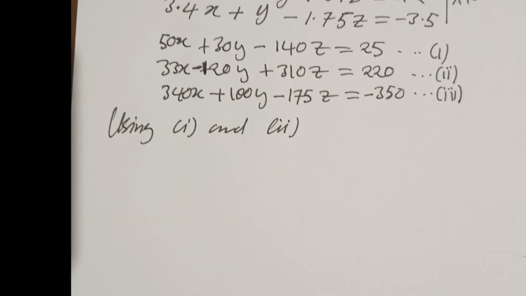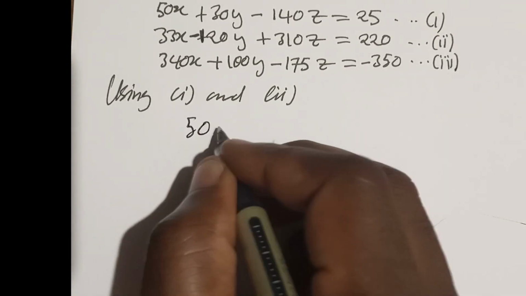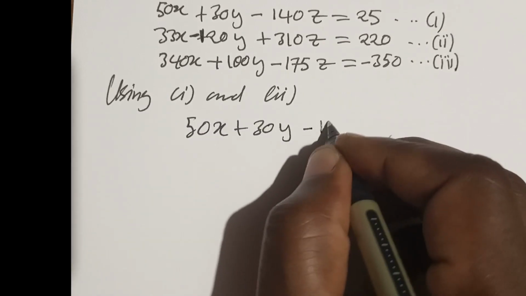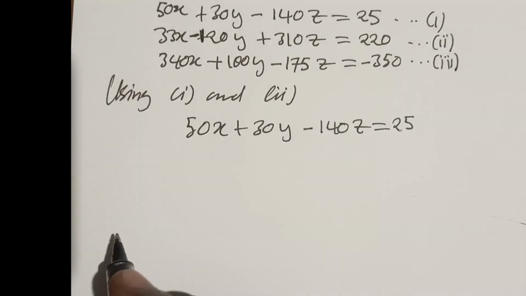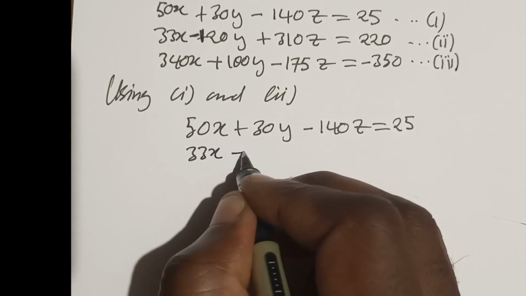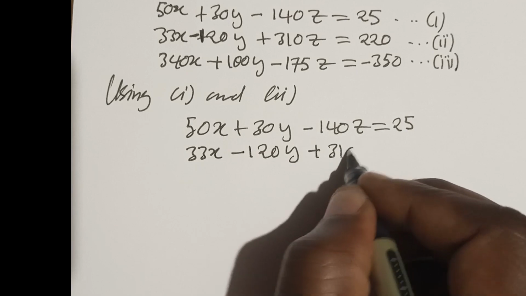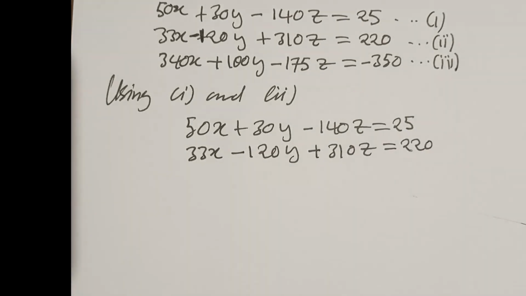We can have 50x plus 30y minus 140z is equal to 25. And then we have 33x minus 120y plus 310z is equal to 220.